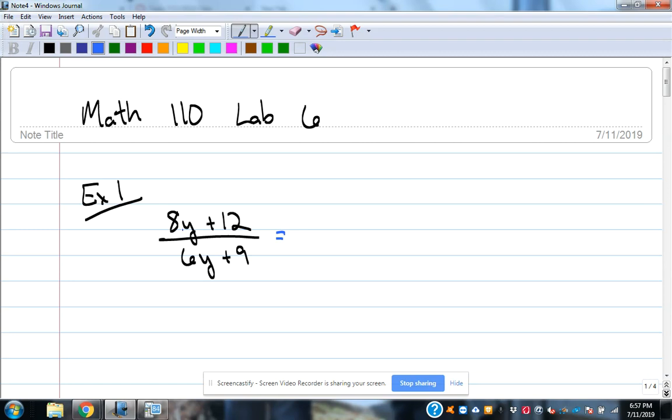We want to use the largest of those, which is 4, and that would give us 4 times the parentheses 2y plus 3. And then in the denominator, 6y plus 9, we would take the greatest common factor of 6y and 9, which is 3. And 3 times 2y gives me 6y. 3 times 3 gives me 9.